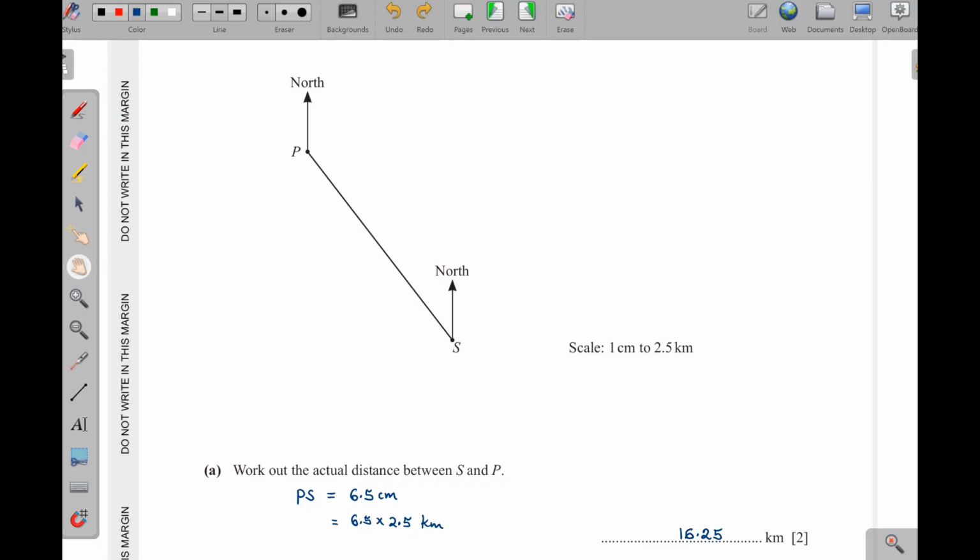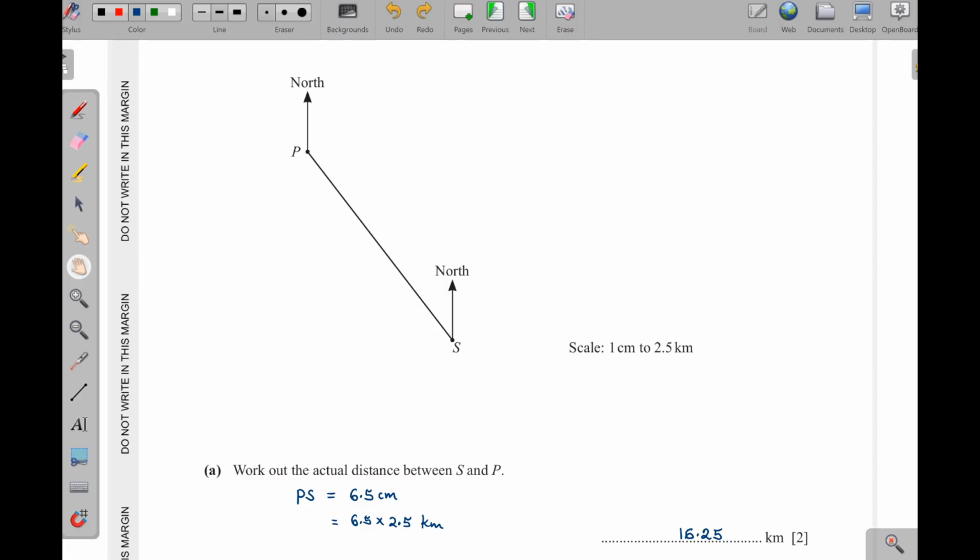So similar shapes have the same corresponding angles, but the lengths are connected by a scale factor of enlargement, or they are in the same ratio, okay? So if you get the length of maybe the bigger shape divided by the corresponding length of the smaller shape, then it's going to be equal to any other lengths that are corresponding when divided.